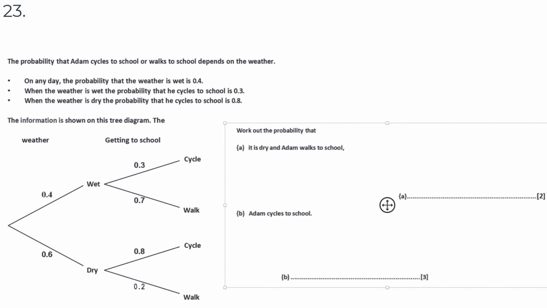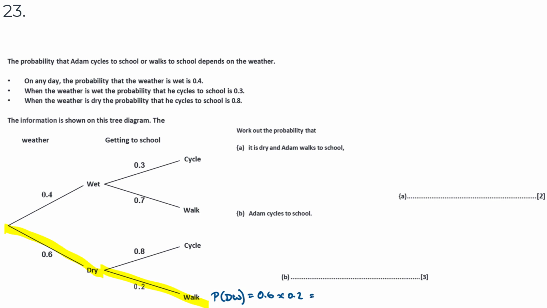Okay, so part A says, work out the probability that it is dry and Adam walks to school. Okay, so dry and Adam walks. That's dry walks. It's that route there, isn't it? So the probability of dry walk is the probability of dry, 0.6, times the probability of walk, 0.2.